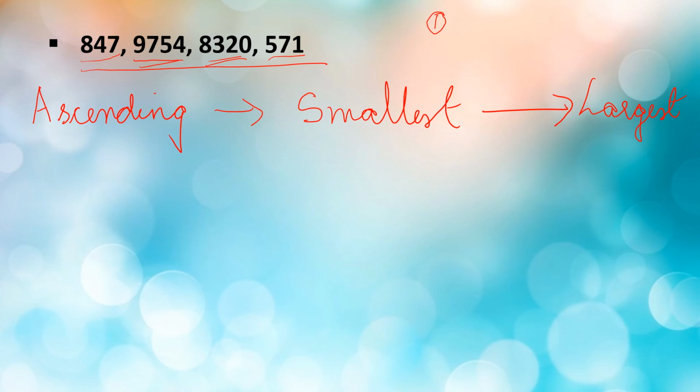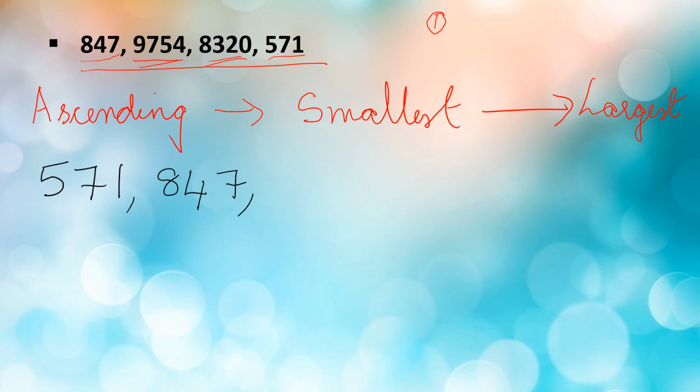So we know that the smallest number will be one among 847 and 571. When you compare 847 and 571, you know 571 is the smallest. So you will have to write 571 first. So your first number in your ascending order will be 571, right? Comma, and the next number will be 847.